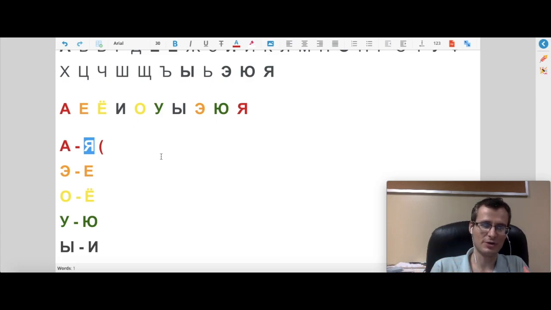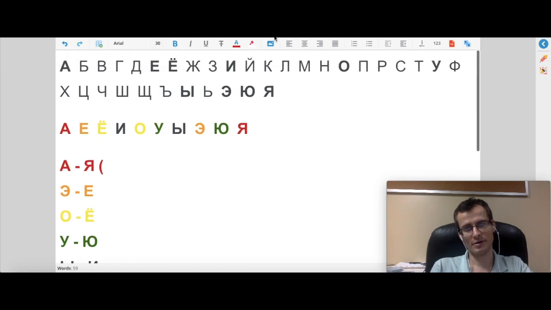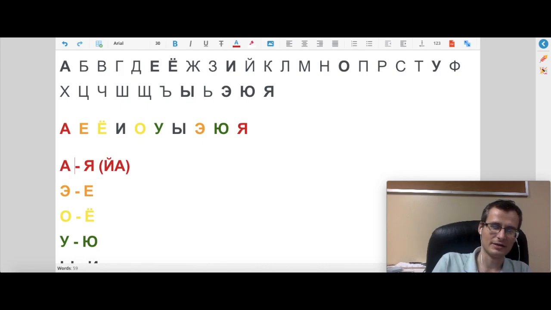So how else can you spell ya using two letters? Well, you can spell it using this letter. You can spell ya like this. So again, a is a regular vowel, ya is a diphthong, but you can actually spell ya using y and a.